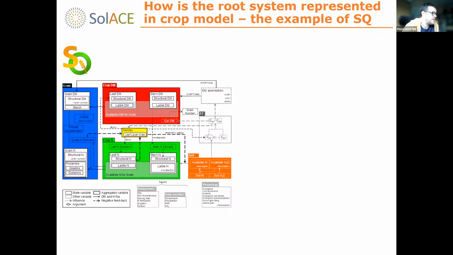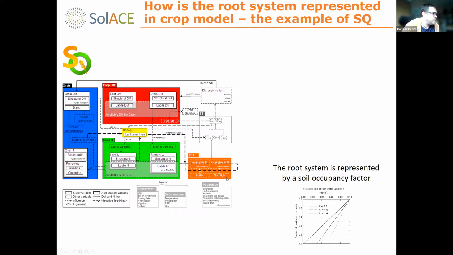What we try to represent is emergent properties of the root system. In the case of this model, and it's the same for APSIM, we work pretty much the same way for the root system. We have two main parameters.